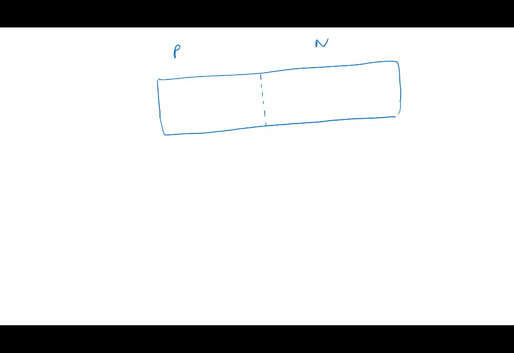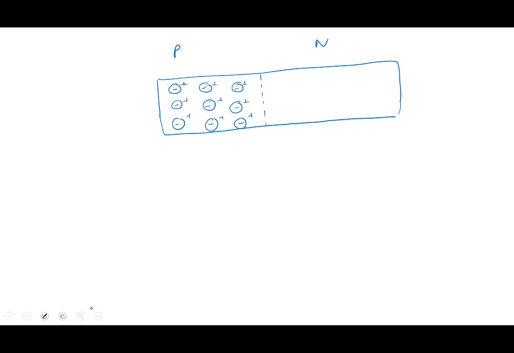So now the picture that we have is negative ions, holes, negative ions, holes, all this picture that we have. Now this is not a device course, so we don't want to go too deep into this, but on the other side, let's add the positive donor atoms, electrons, positive donor atoms, electrons.